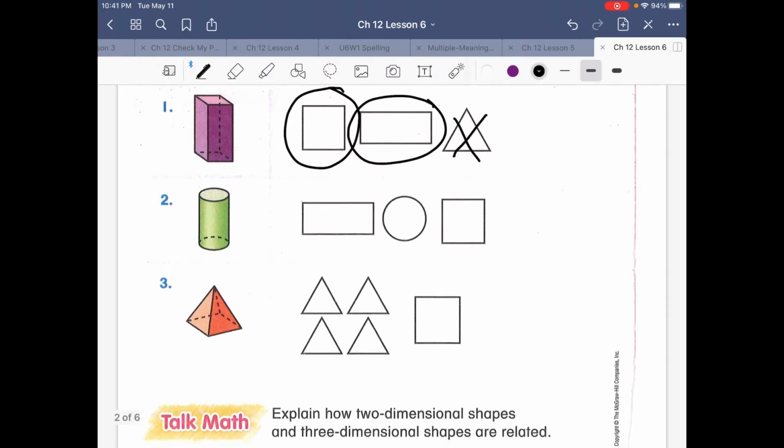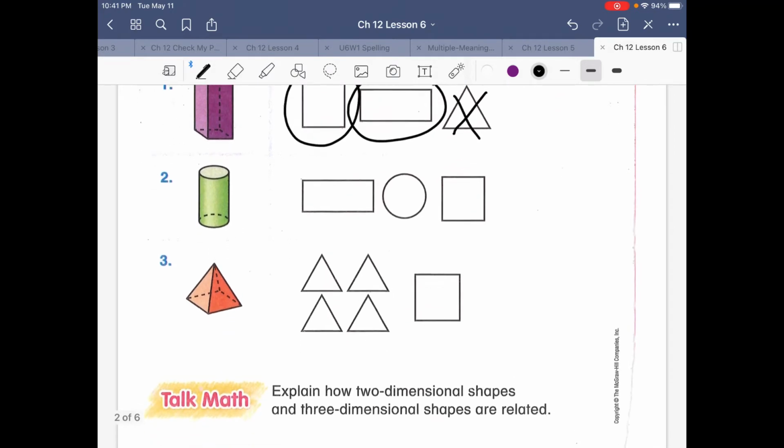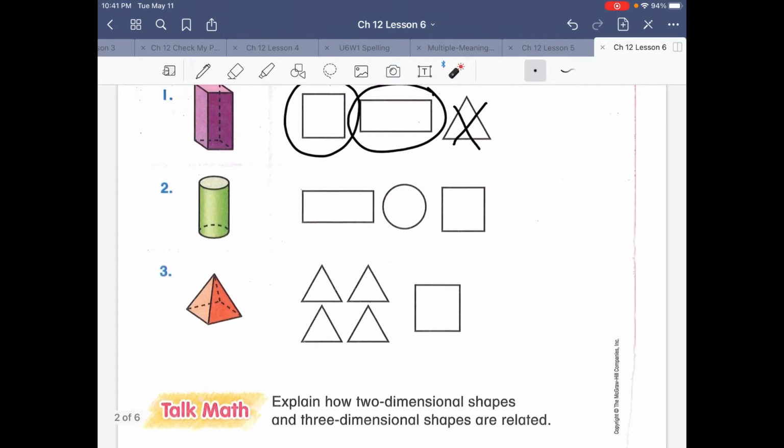Let's look next at a cylinder. Does a cylinder have a rectangle shape? Most of you are going to say no, but if I cut this shape down the middle, open it up and lay it out, that would actually be a rectangle once I rolled it out and unfolded it.